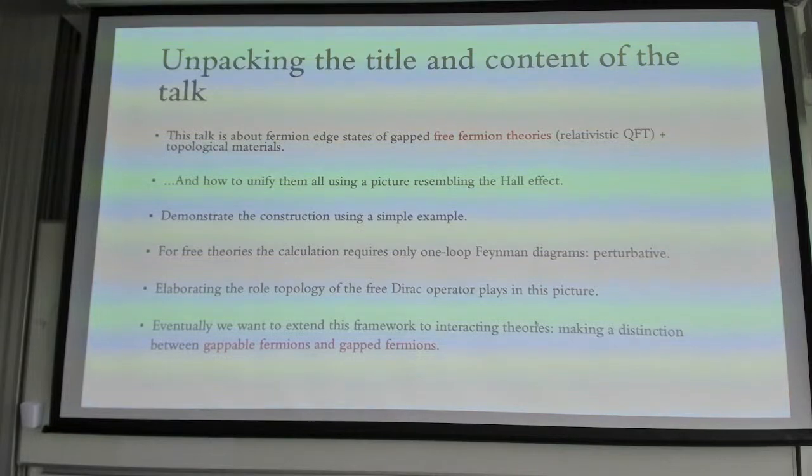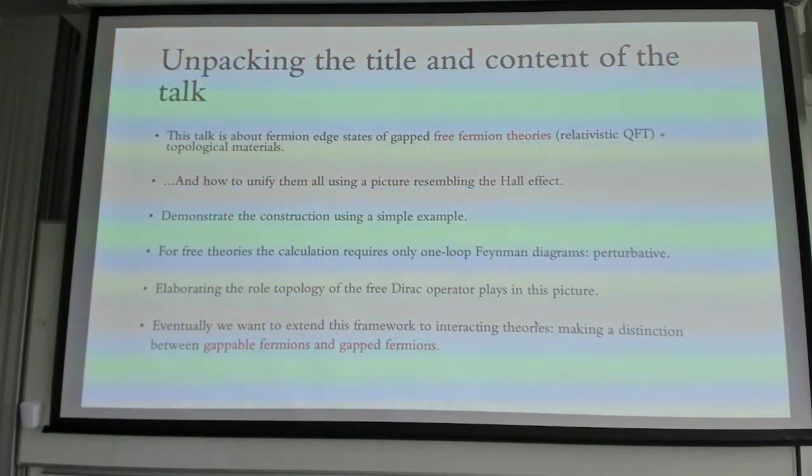So these are all going to be some relativistic QFT, which describe topological materials. And I will share with you a framework that unifies all of these edge states in a single picture that resembles the Hall effect.